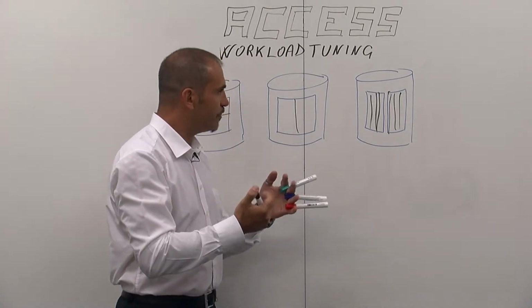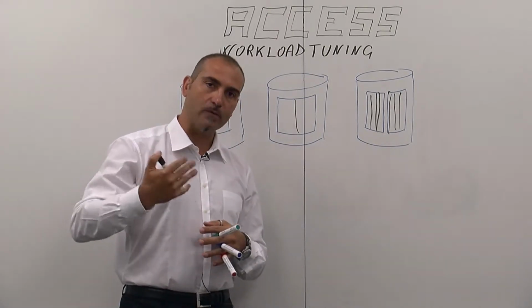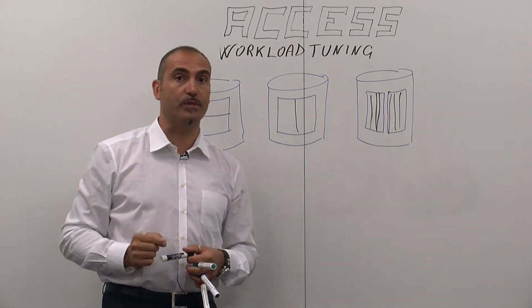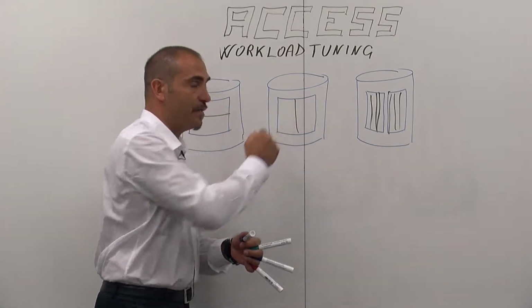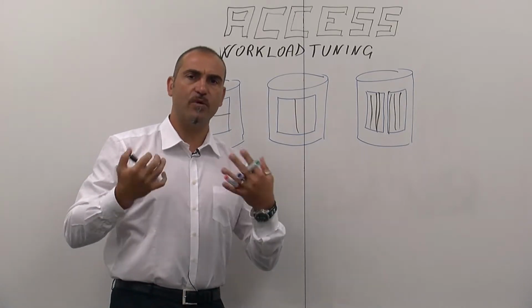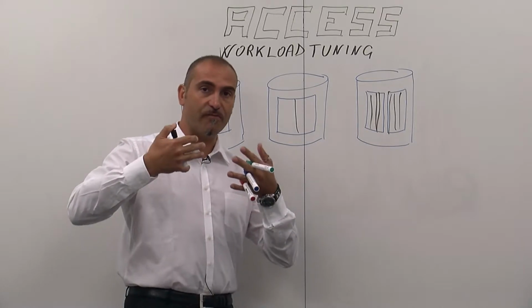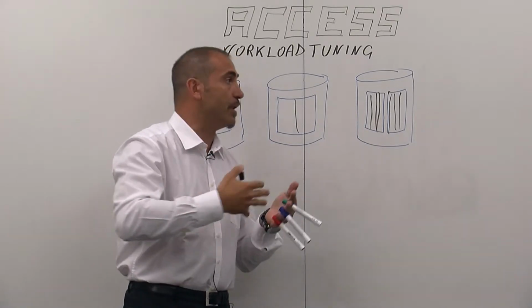But it is not enough, because once you decide the layout, you have to decide how big the stripe unit size is, or how many streams you want to enable for accessing the file system in read or in write.